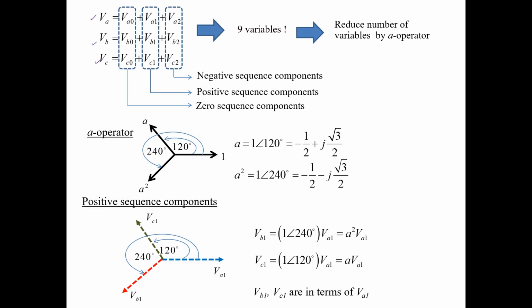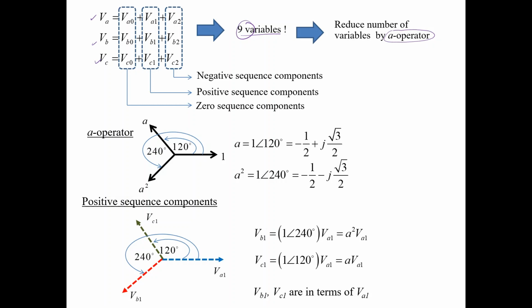We want to find these 9 variables, but this is impossible because you have 3 equations but 9 variables. So we have to reduce the number of variables by using some geometrical property. In this case, it is defined in terms of the A operator, which will be explained to you.